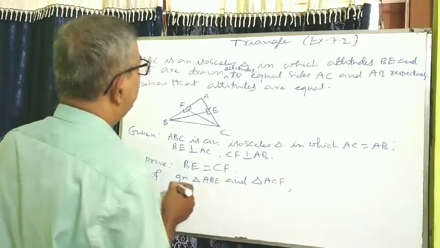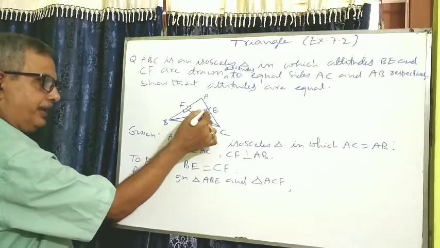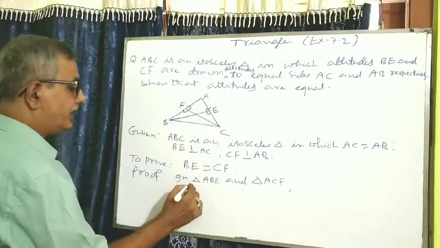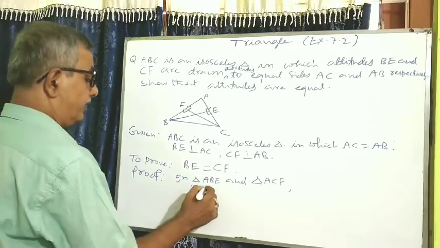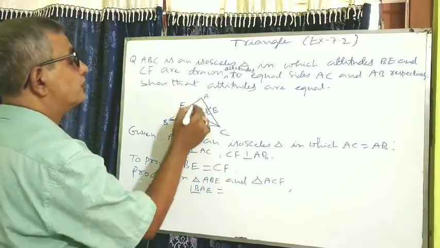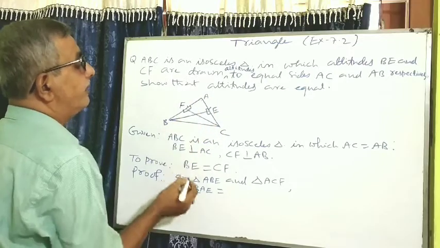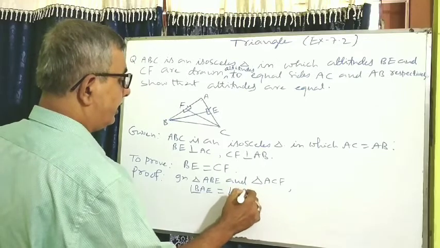In ABE, what happened? Angle BAE is equal to angle CAF.